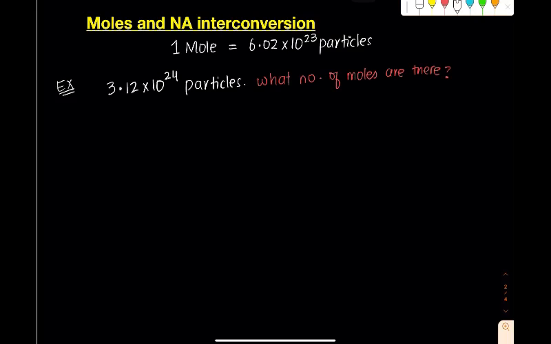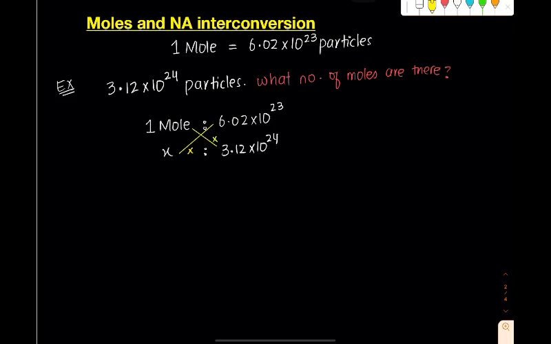Let's say 1 mole is equal to 6.02 times 10 power 23. Let's take a ratio. So 3.12 times 10 power 24 will be equivalent to x moles. So we have a convention that these are multiplied together and these are multiplied together. Let's put it into an equation form.